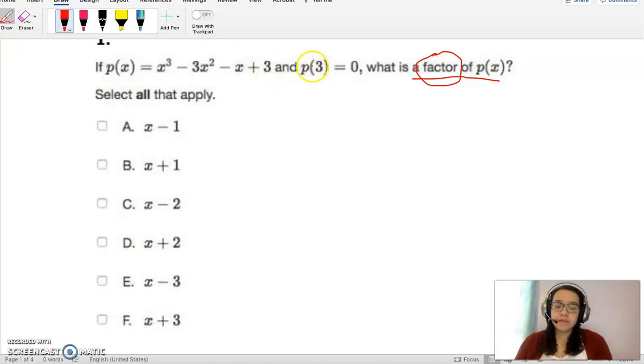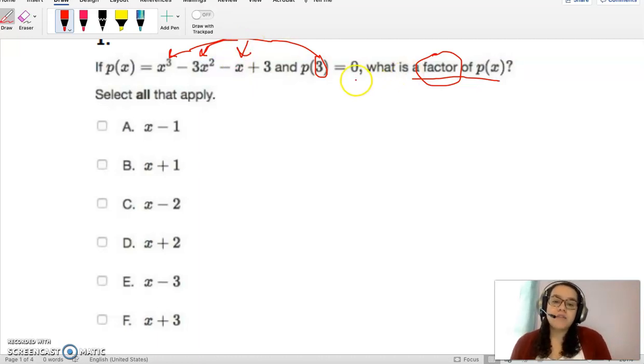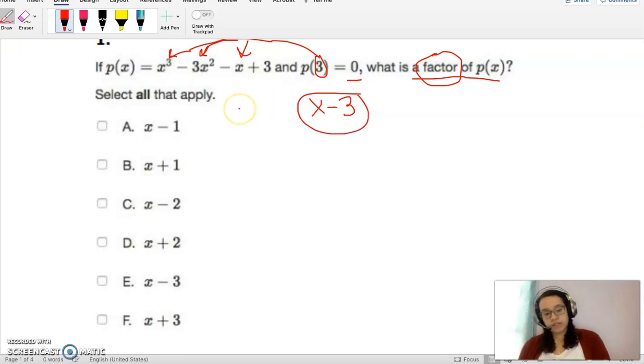And the remainder theorem says, if we plug this value in everywhere we see an x, so we plug in a 3 everywhere we see an x, and if we get 0, then whatever we're plugging in is a factor. In factor form, x minus 3 is actually a factor of the polynomial.